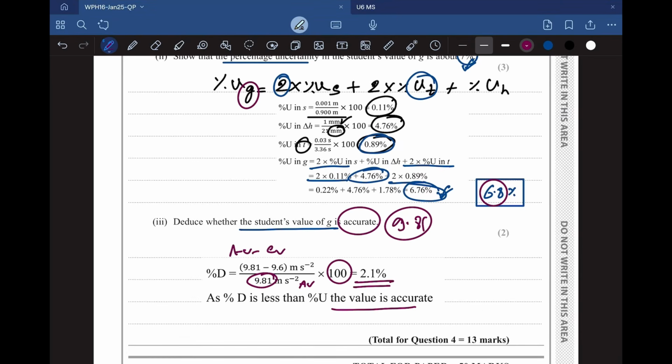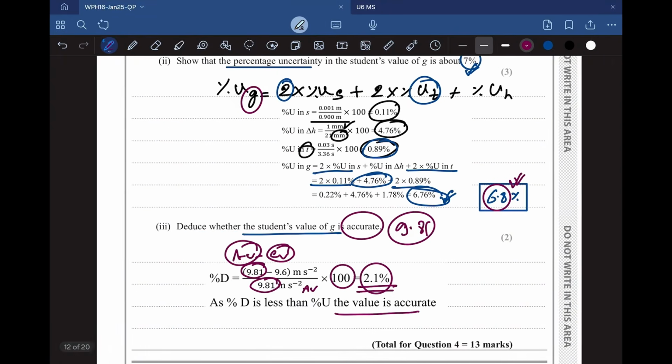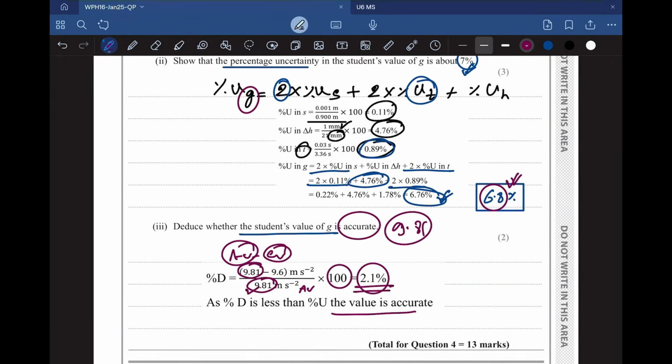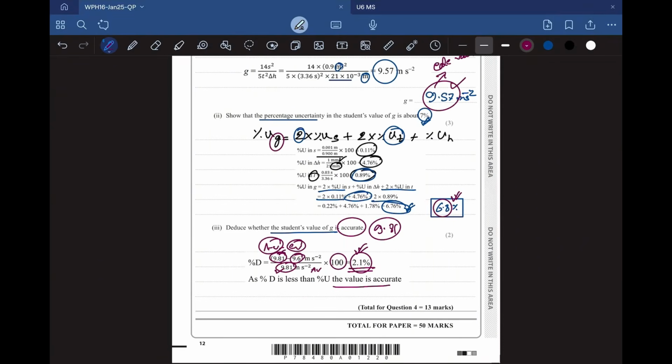If the percentage difference was greater than the percentage uncertainty of G, then we could have said it is not accurate. The actual value is 9.81, and the calculated value was 9.57; subtracting from the actual value and dividing by the actual value into 100% gives us 2.1%. So basically this is the end of the January 2025 Physics Unit 6 paper.